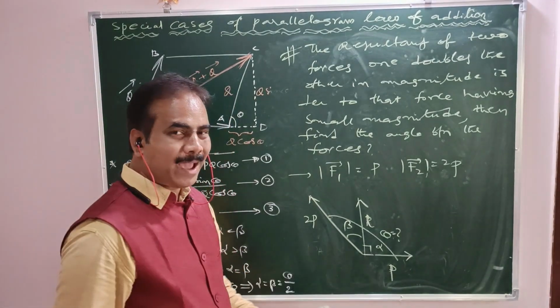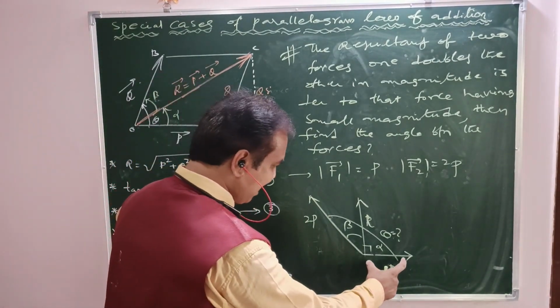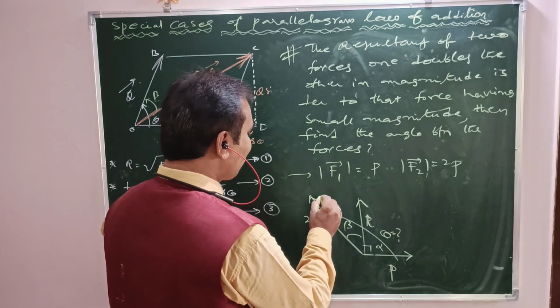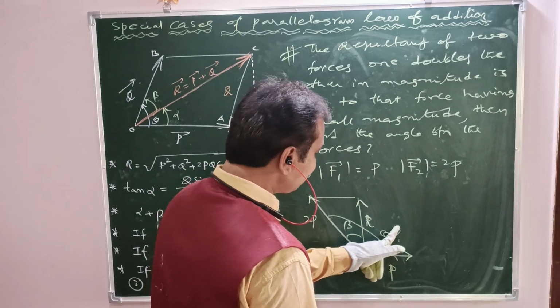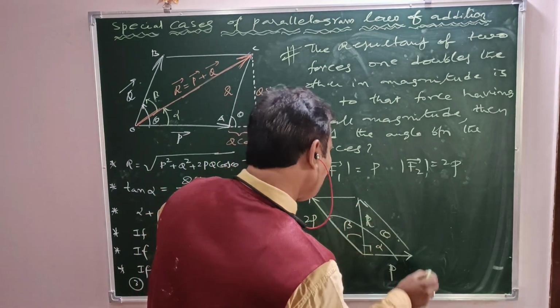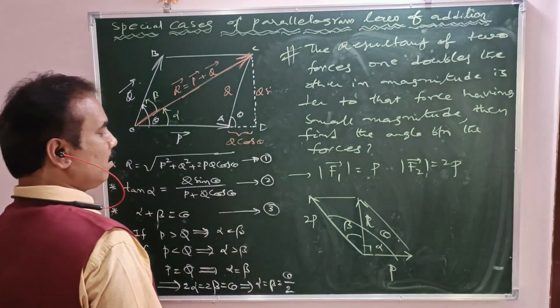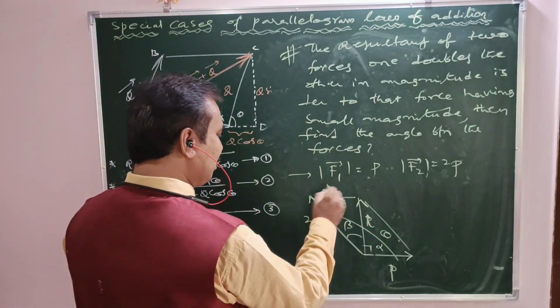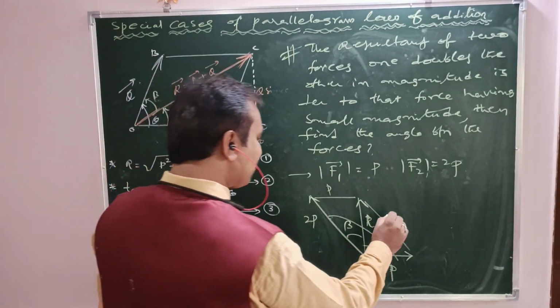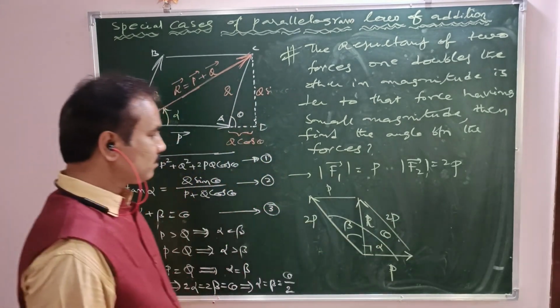Now close the parallelogram. Parallel to this vector, take one side here. Parallel to this vector, take one more side here. If this is P, this one is also P. If this is 2P, this one is also 2P.